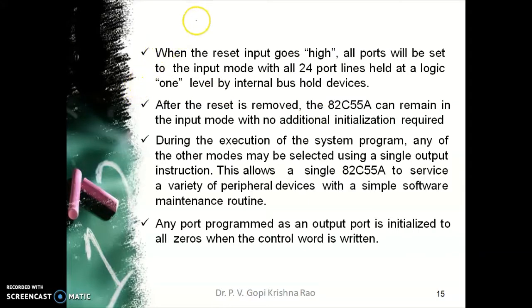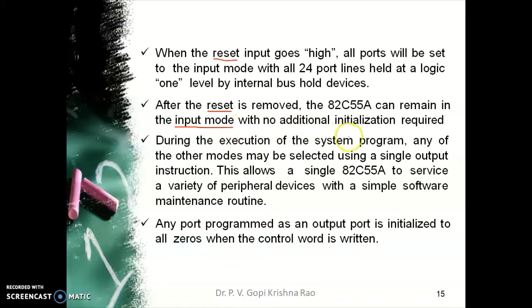By default, when the reset is made high, all the ports are configured as input ports. By default, even when the reset is removed, all the ports of 8255 will be configured as input ports.